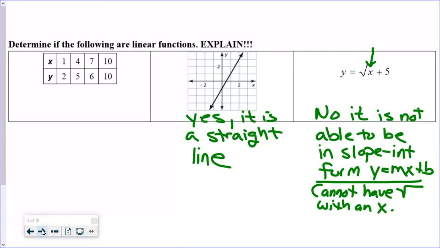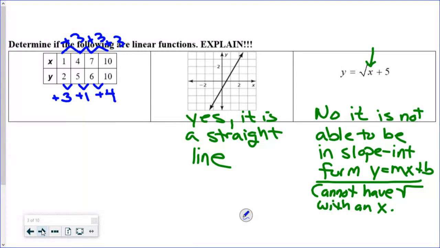Now, the one that sometimes gets people is that constant rate of change. All the x's need to be going up by the same rate, adding or subtracting, and the y's have to be going up by their same rate. It doesn't have to be the same rate as the x's, but this is going up by 3, by 1, by 4.